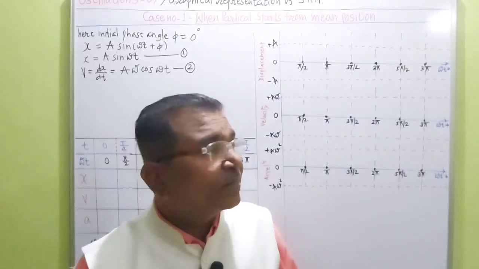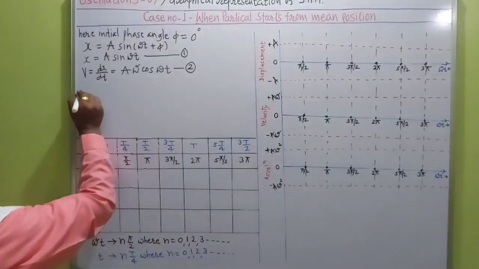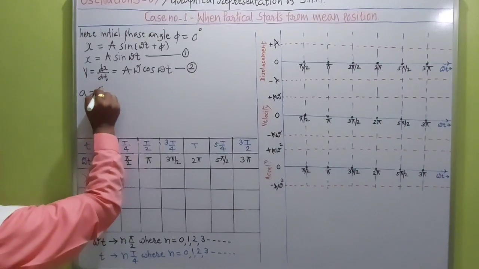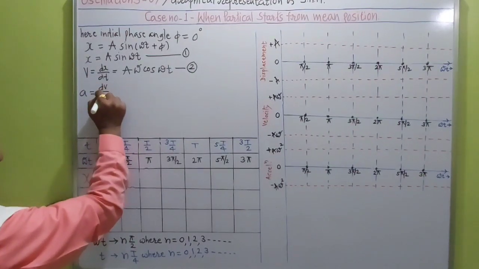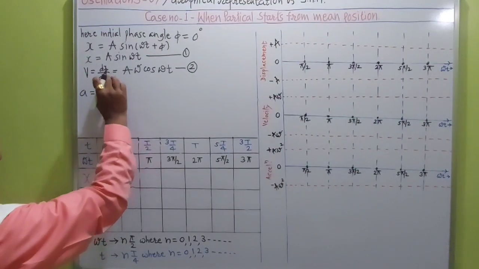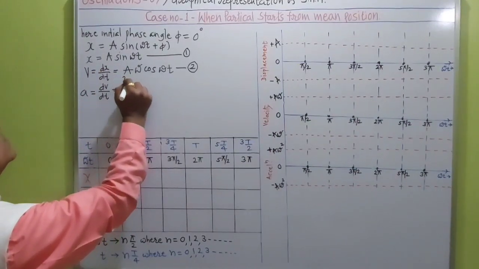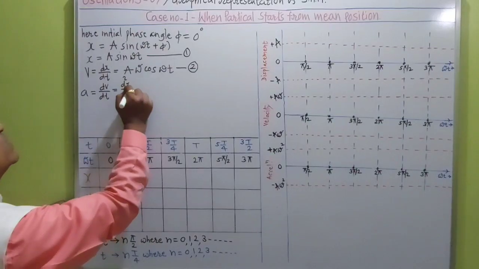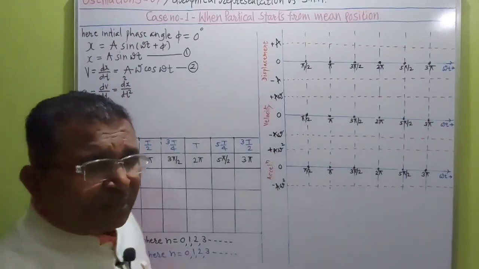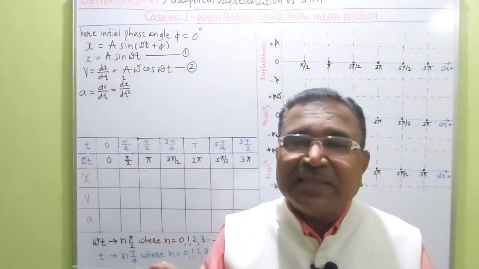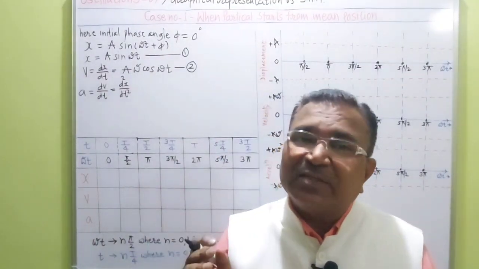Acceleration a is equal to the derivative of velocity with respect to time, dv by dt, which may be written as d square x by dt square.